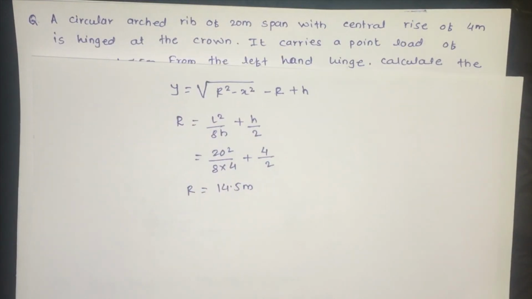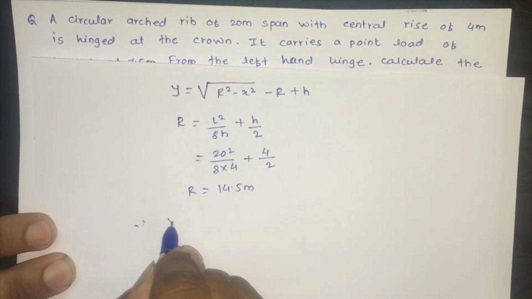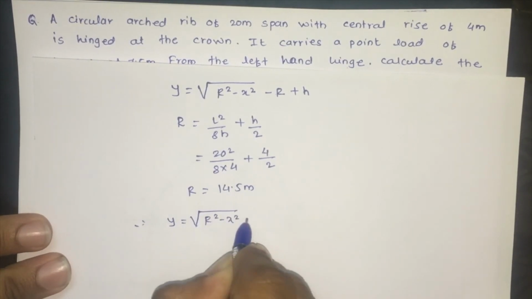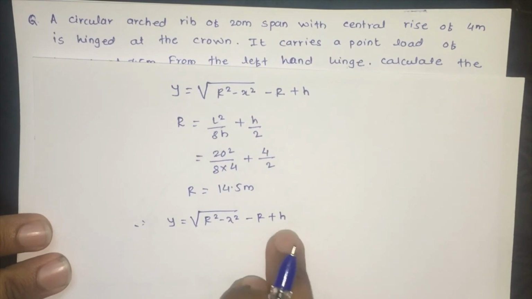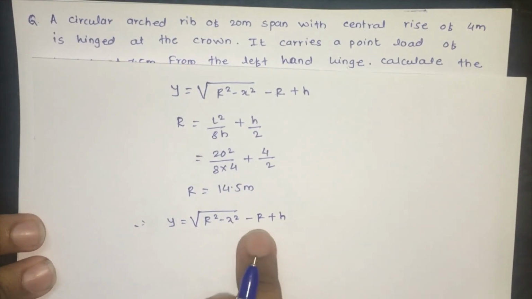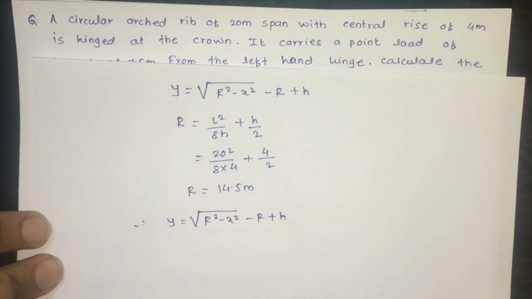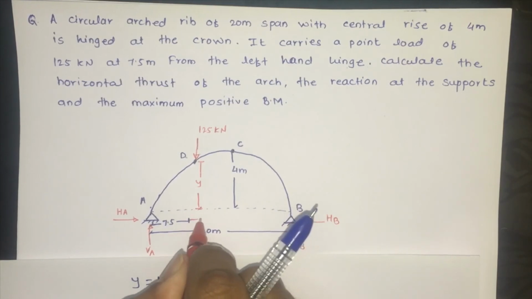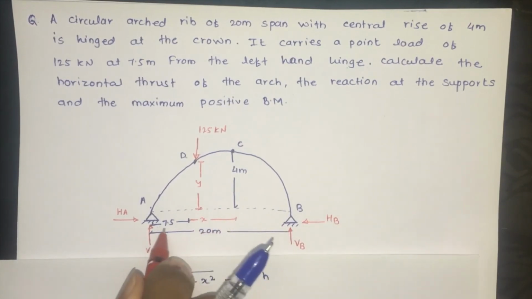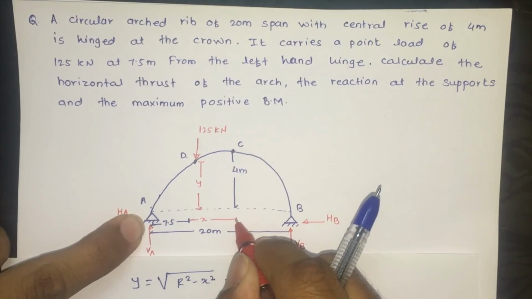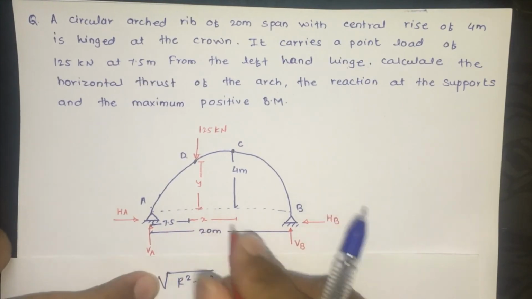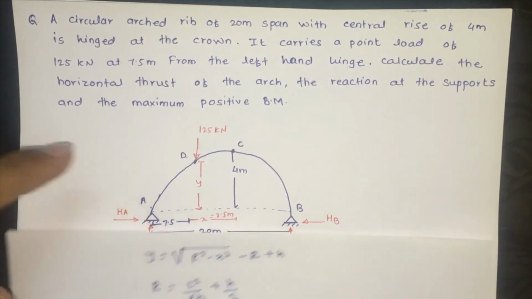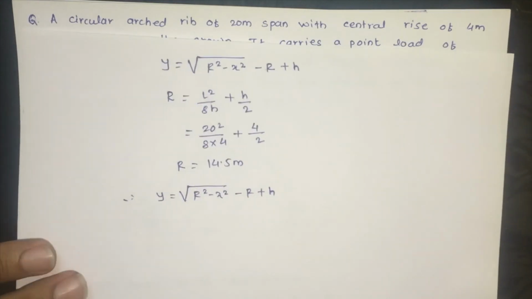Therefore y is equal to square root of r square minus x square, minus r plus h. Value of h is given, that is 4 meter. R we have just found, and x is nothing but this distance. This is the x distance. Up to this ground point is 10 meter, up to this point is 7.5 meter. So x becomes 2.5 meter. Now put these values in the equation.